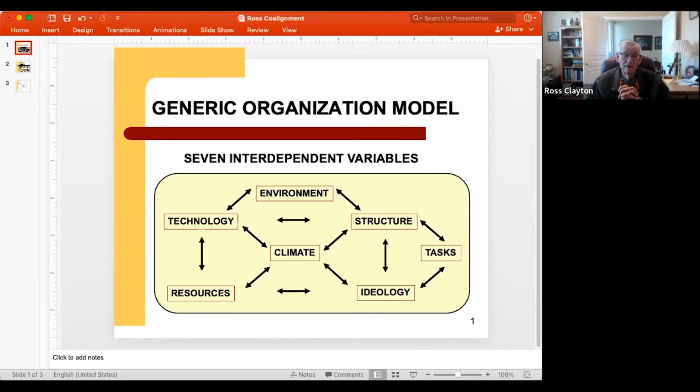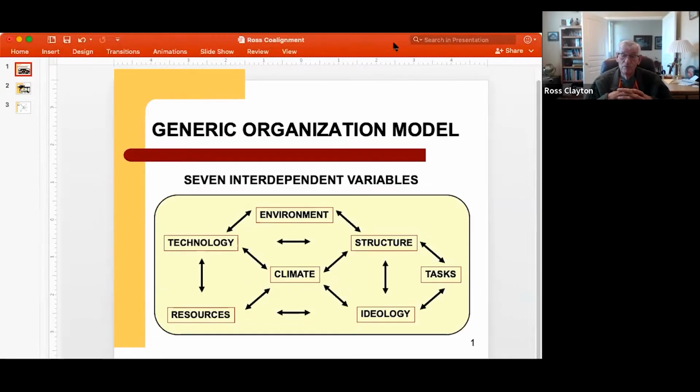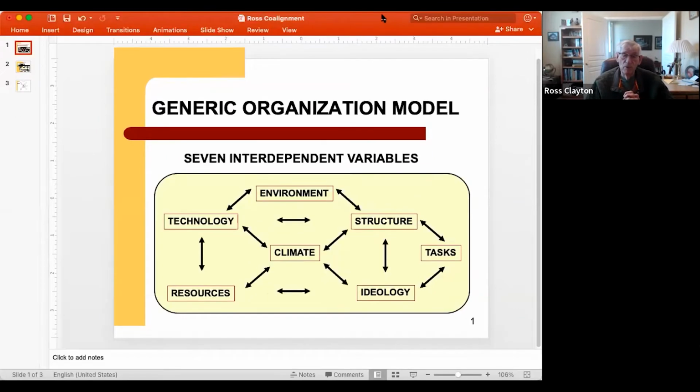So the environment had changed dramatically at USC, and it was affecting all the other variables in a major way. For example, the resources were disappearing. There was inadequate budget to pursue what we had been doing as a school. And our technology of delivering classes through a network of centers was in question.